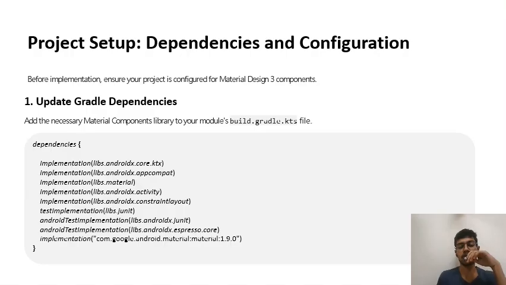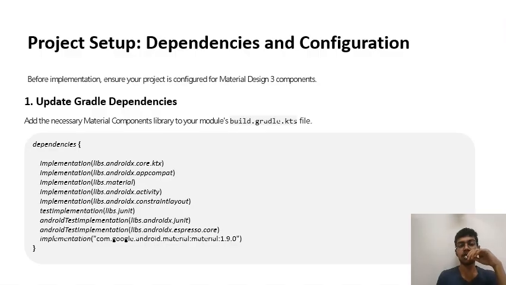So now I'm going to explain the main components in this part. The first two libraries, libs.androidx.core.ktx and libs.androidx.appcompat, are foundational libraries that every modern Android app needs. They provide essential Kotlin extensions and backward compatibility.